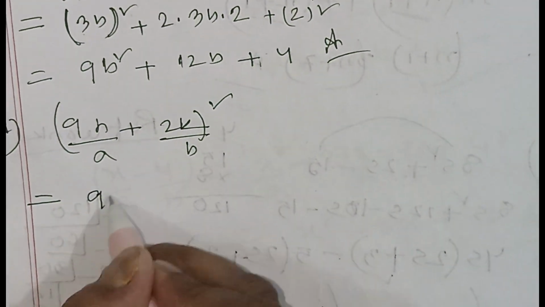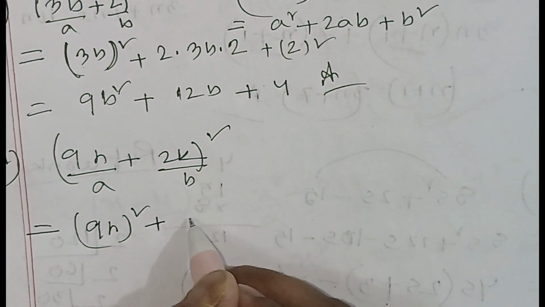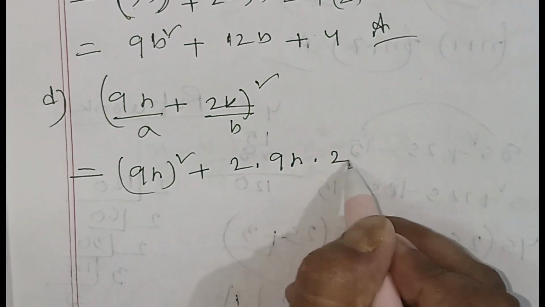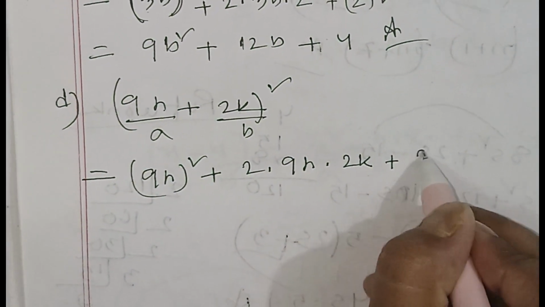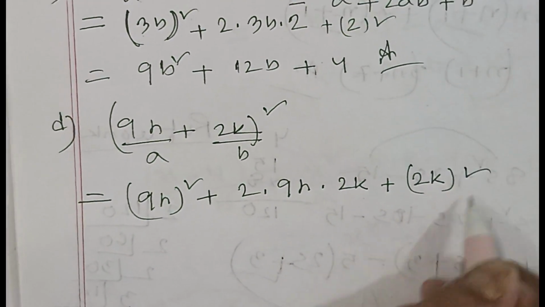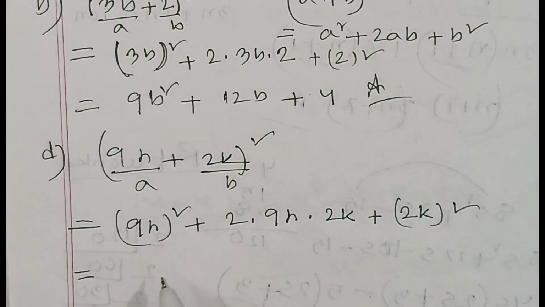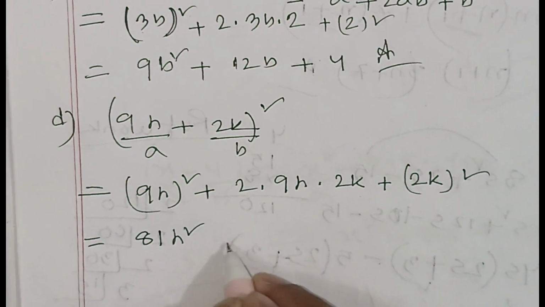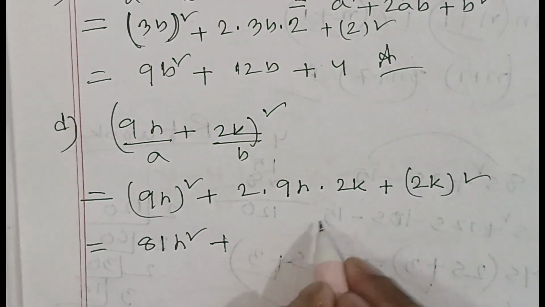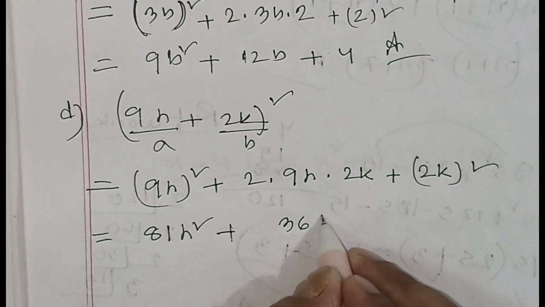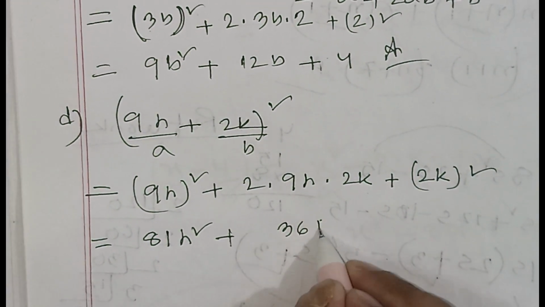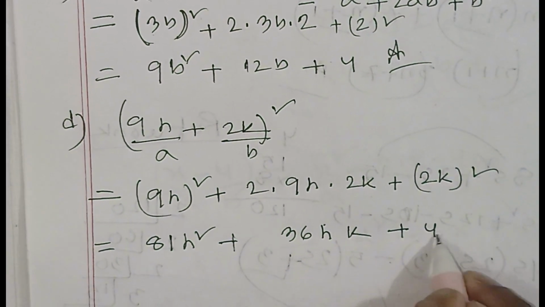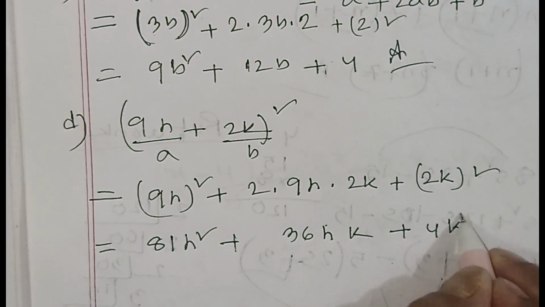So a squared means (9h) squared, plus 2a, that is 9h, into b, that is 2k, plus b squared, that means (2k) whole squared. Now calculate: 9 whole squared, 9 nines are 81, h squared, plus 9 twos are 18, 18 twos are 36, with the variables h and k, and 2 whole squared means 4, k whole squared, k squared. That's it.